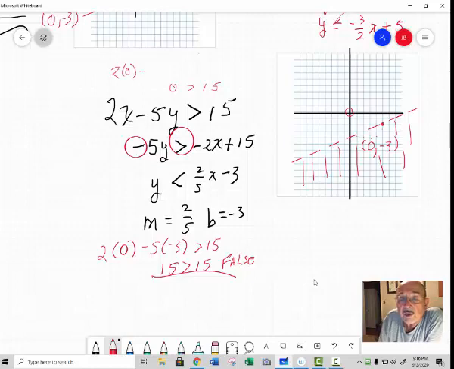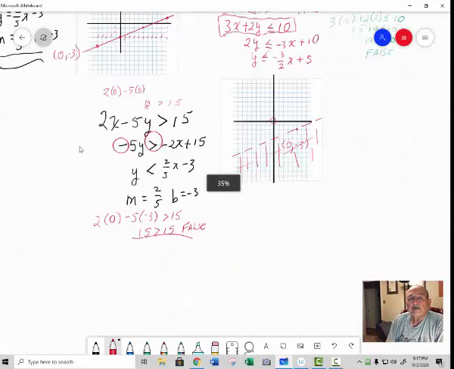Okay, so to recap, let's take a look and see what we've got. To graph using the slope-intercept form, you solve for y, and the coefficient of x is in fact the slope.